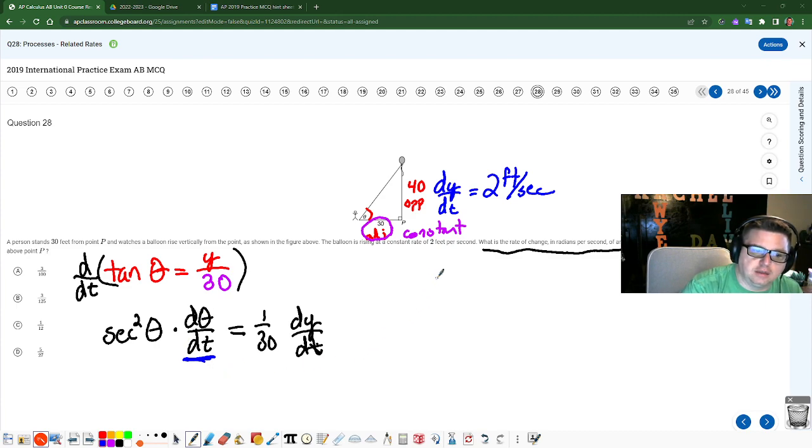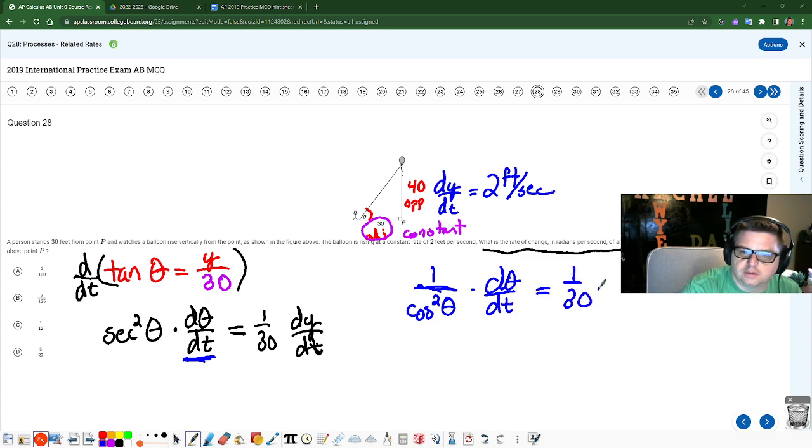Now, secant squared means that is going to be 1 over cosine squared theta, times d theta/dt equals 1/30 times dy/dt, which we know is 2. So now we just need to know what cosine squared theta is.